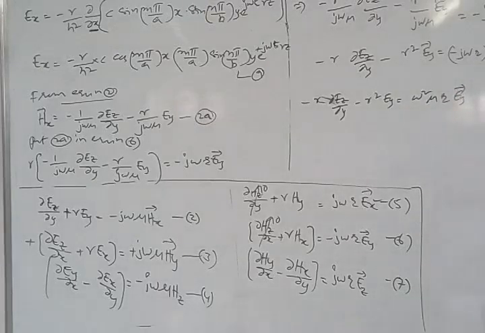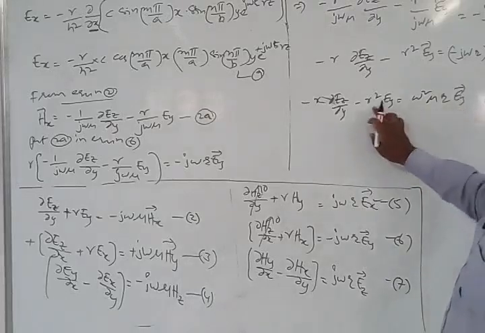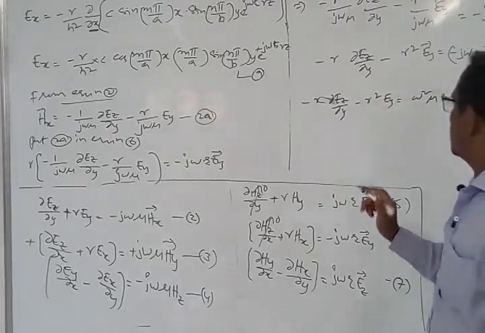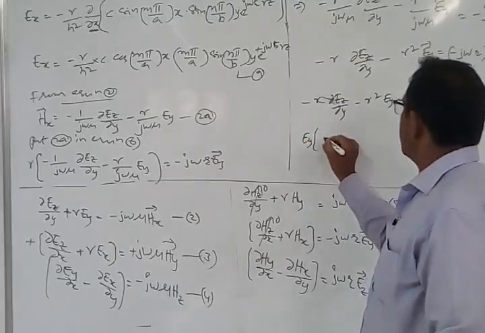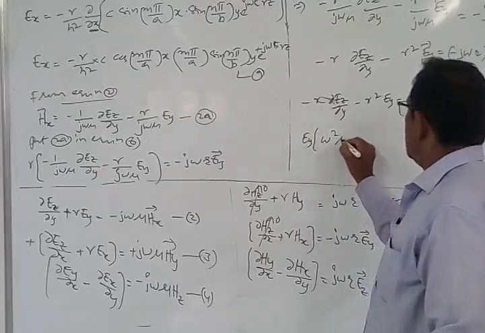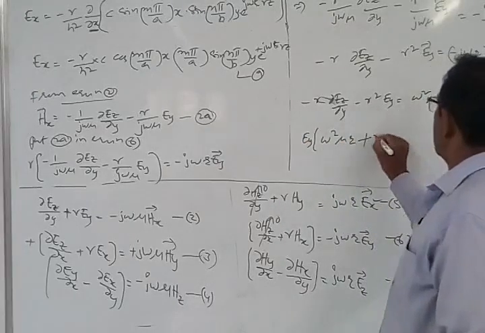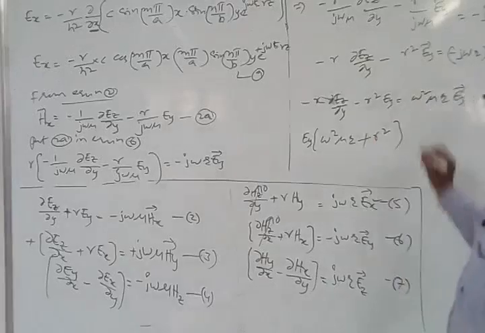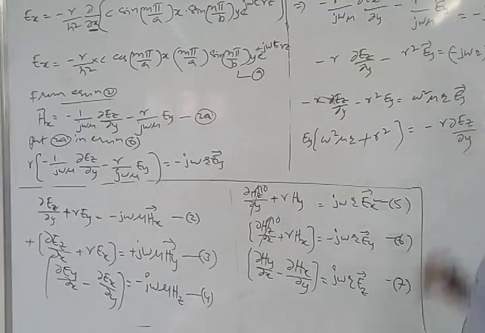Okay. Now I want to have Ey, so therefore this factor I will take it onto this side. So therefore I can write now Ey times omega square mu epsilon plus this gamma square, I will take it onto that side, right side, is equal to minus gamma ∂Ez/∂y.